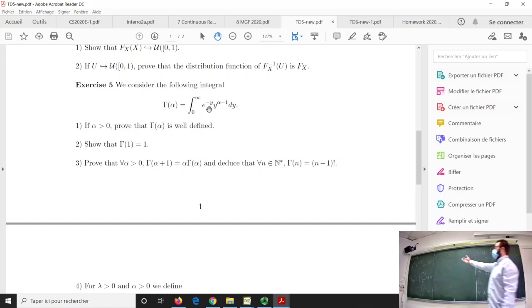So I have this in mind, and you will see that I will use this one a lot in this course in order to compute integrals without doing explicitly the computation, but just using what I know. So I see that here I have a square inside the negative exponential. That's why it's not that natural to make this change of variable. I want to make the square appear in the exponential in order to come back to what I know.